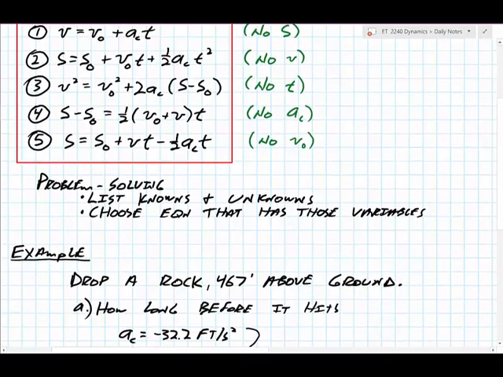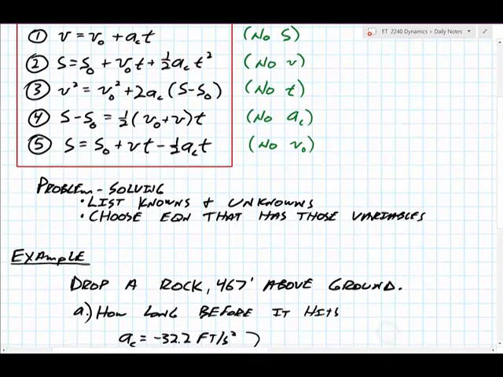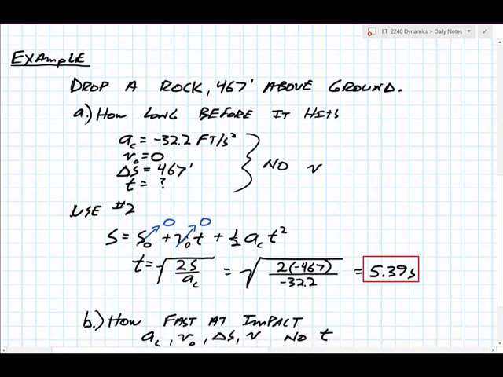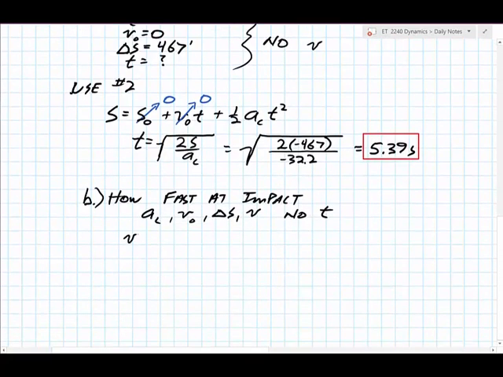So if I go up here and look at what my equation is for no time involved, what I'm looking at is the third equation. So we're looking at v squared, our final velocity squared, is equal to our initial velocity squared plus 2 times our constant acceleration times our final minus our initial position.